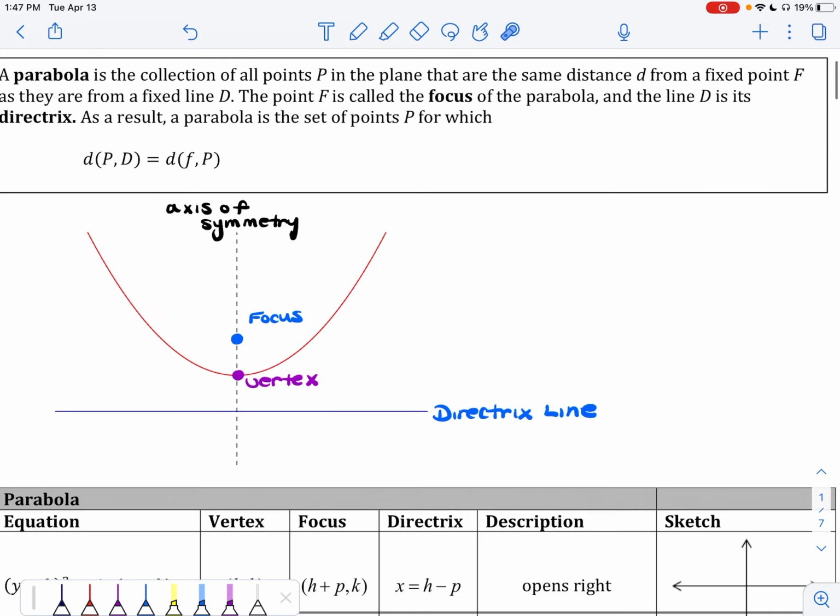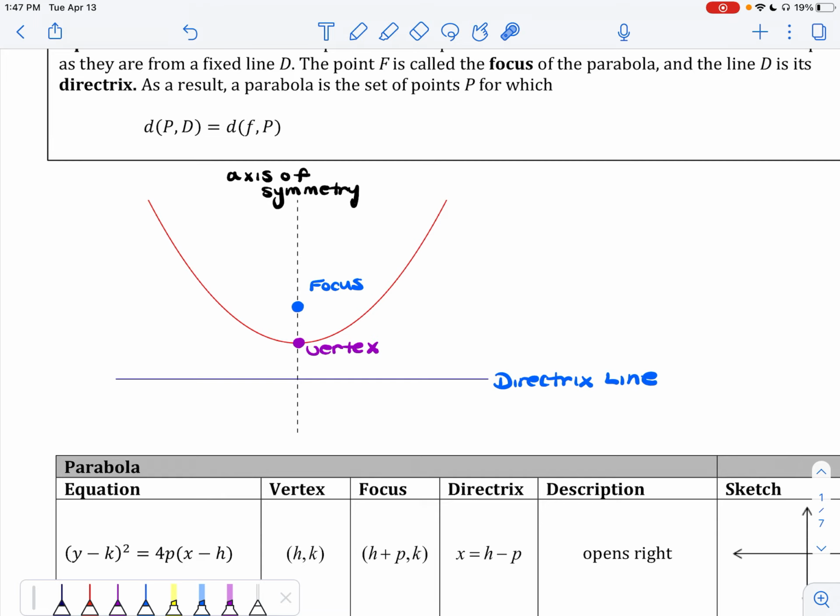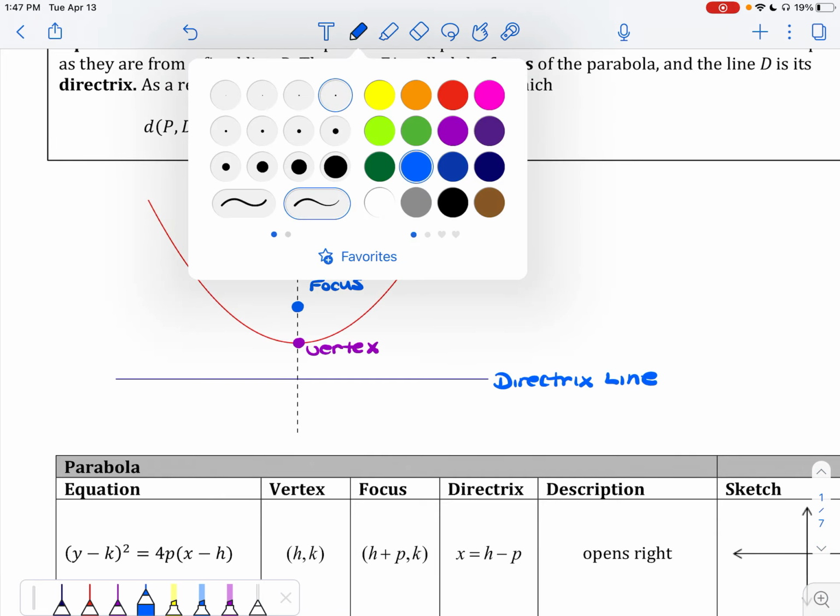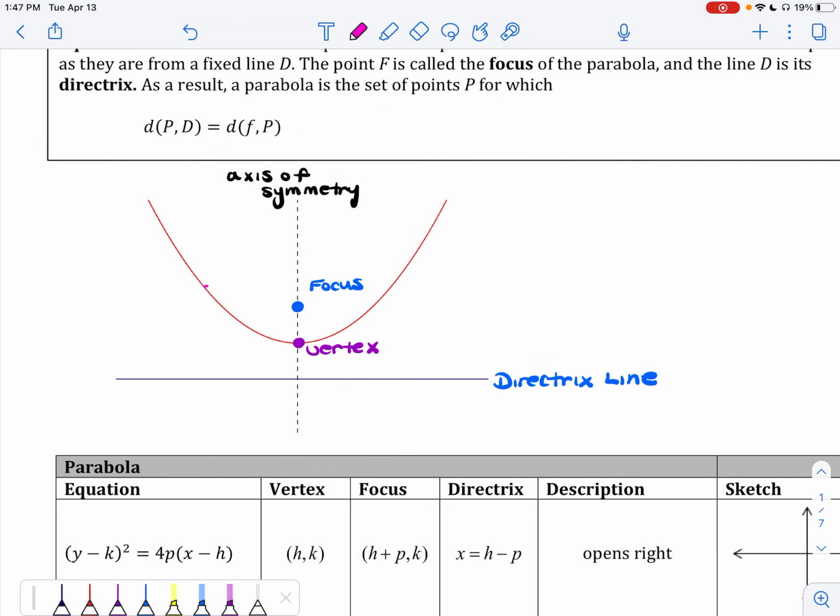Okay, so basically it's saying that if we have some point over here on the parabola, then the distance from that point down to the directrix line is always the same as the distance from the point to the focus. So those are always equal distances, okay?